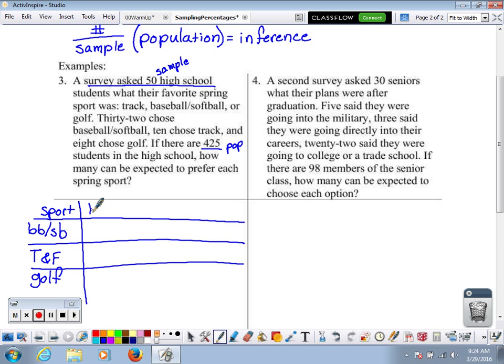We have the number from our sample, which we can use to find the decimal, and then ultimately we can make an inference about that population.